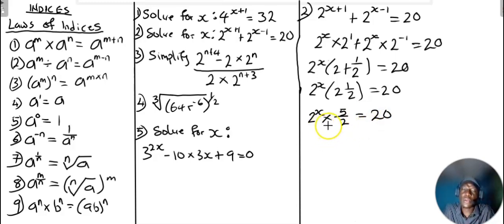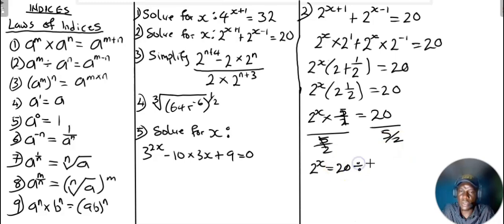Now, how do we make x stand alone? We are going to divide both sides by this coefficient of x. Let's just assume that 5 over 2 is the coefficient of x here. So we have 5 over 2 divided by 5 over 2, which cancels out. We are left with 2 raised to power x is equal to 20 divided by 5 over 2.